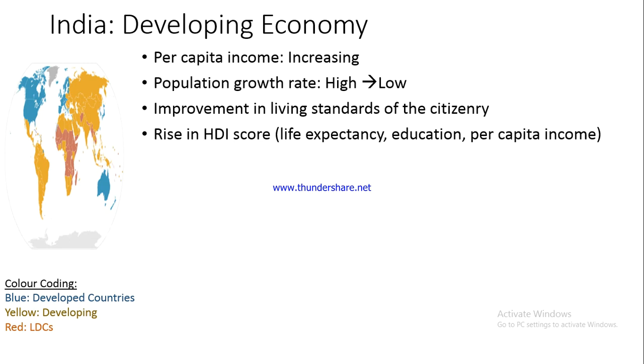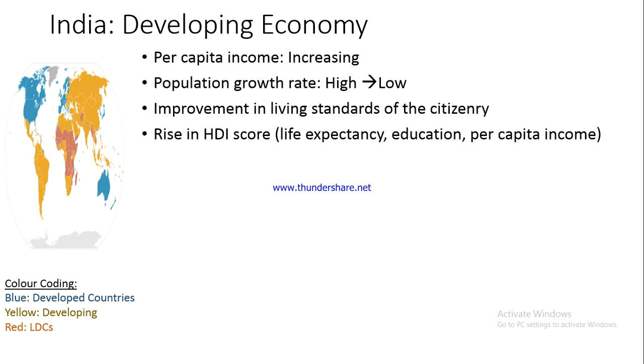Now, what is the HDI score? Human Development Index score. Basically, Human Development Index is a composite measure of three aspects. The first one is life expectancy, which is basically a measure of how good the health infrastructure is, because if the health infrastructure is good, naturally the life expectancy would be more.